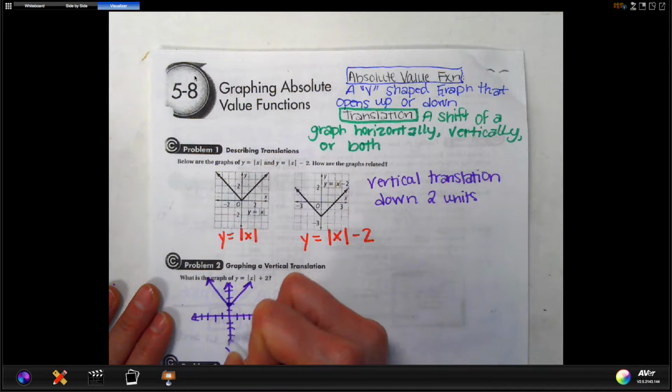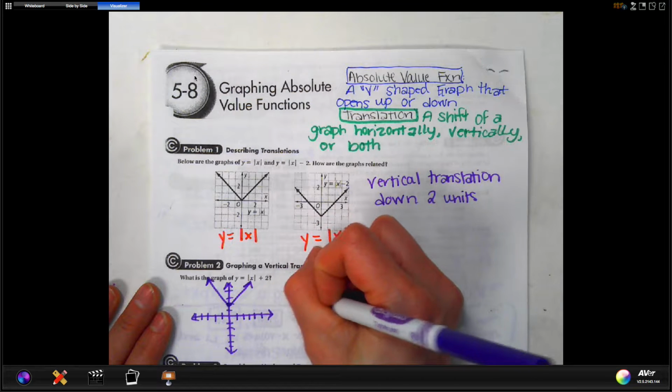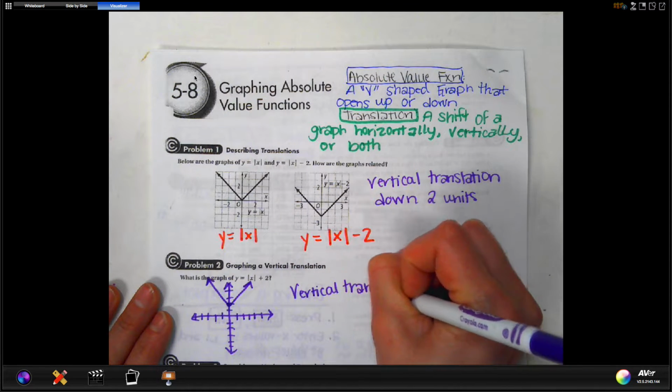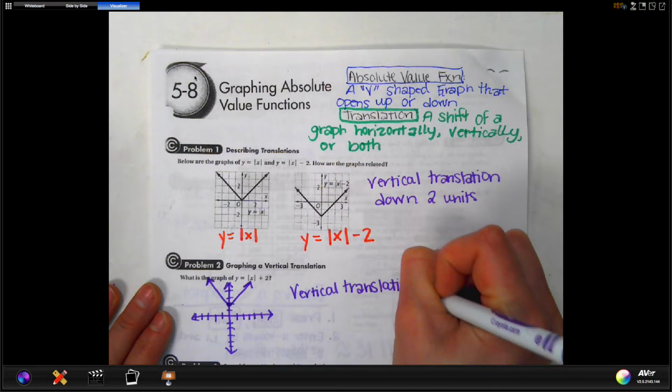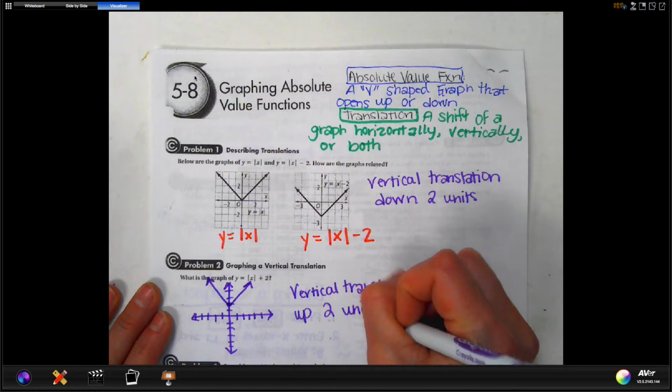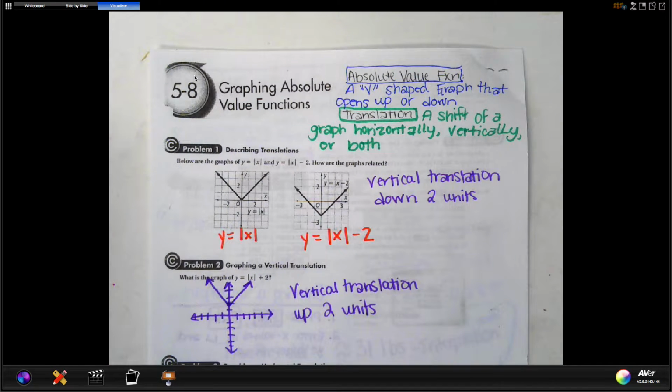Okay, so that is going to be a vertical translation up 2. And that's how we do that. And now you could use your graphing calculator to then check that answer, right? I'm going to add something to this in a second, but all right.